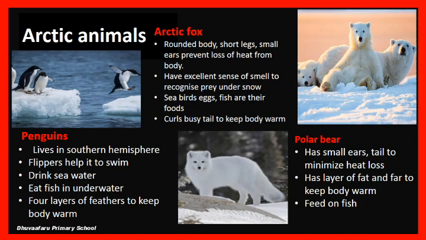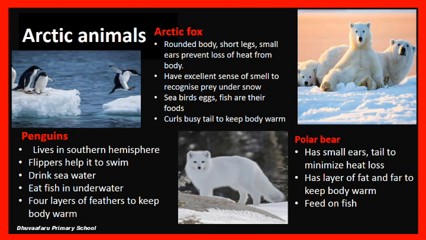Arctic animals. Arctic fox. Rounded body, short legs, and small ears prevent loss of heat from the body. It has an excellent sense of smell to recognize prey under snow. Seabirds' eggs and fish are their food.